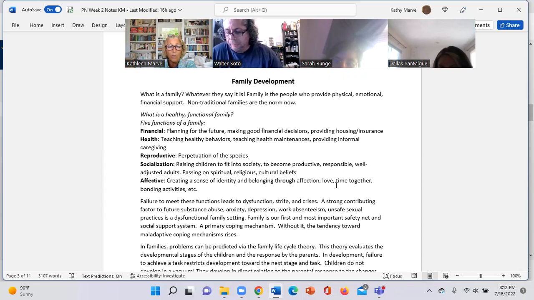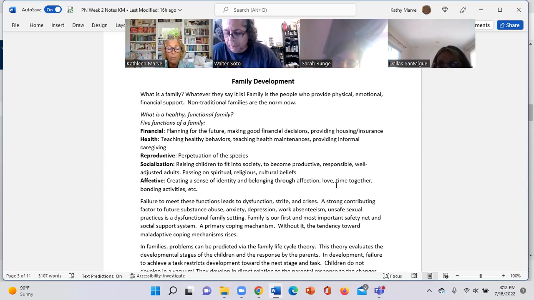And there are 5 functions of a family. They're right here: financial, health, reproductive, socialization, and affective. You can read through each of these, and I know there's a lot more, but this is what is identified for this week's content.